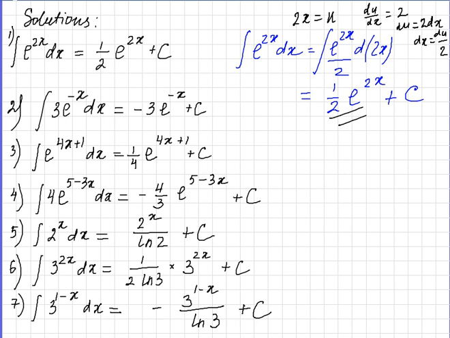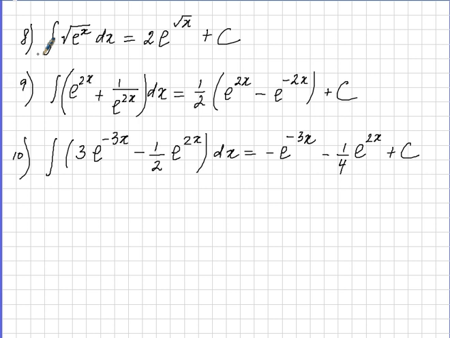Let's see other answers. So here is the integral of square root of e to the power of x dx. Again, we can write this square root of e to the power of x as e to the power of x over 2, and that's how we've got this 2 at the front.